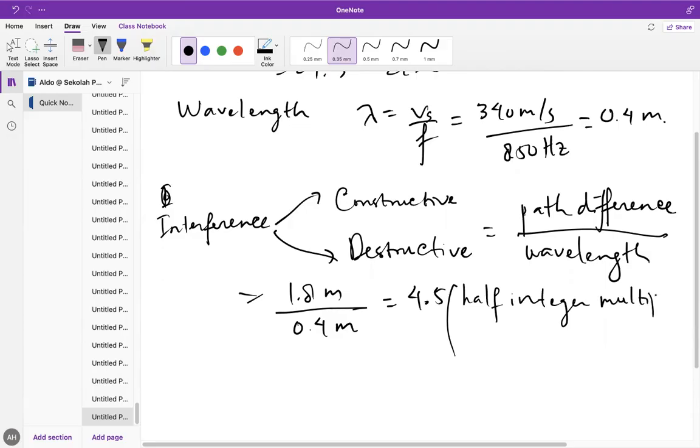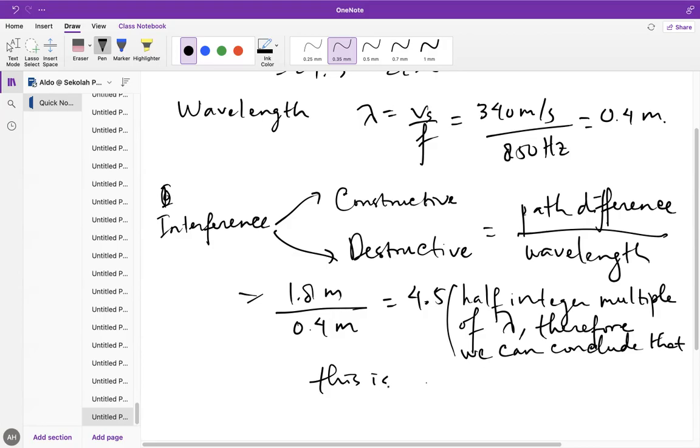multiple of lambda, and therefore because of the value of 4.5, we can conclude that this is destructive interference.